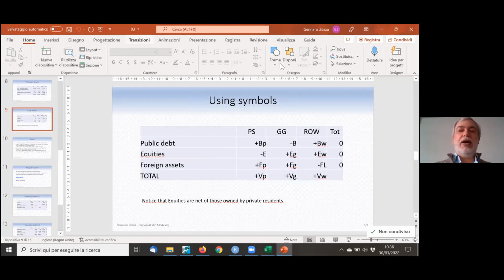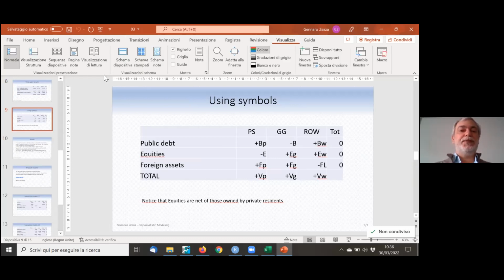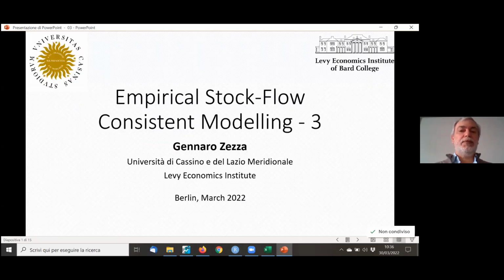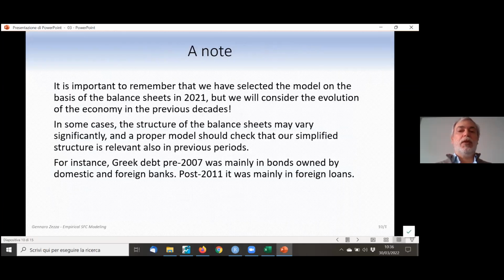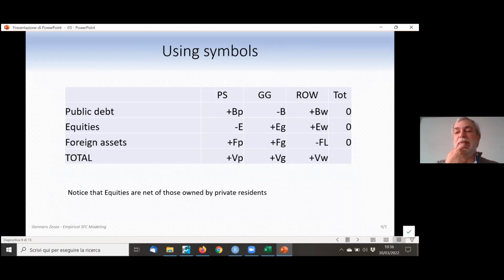So this is our current balance sheet. And we have estimated everything at historical prices. But in principle, we have the measure at current prices in the data.